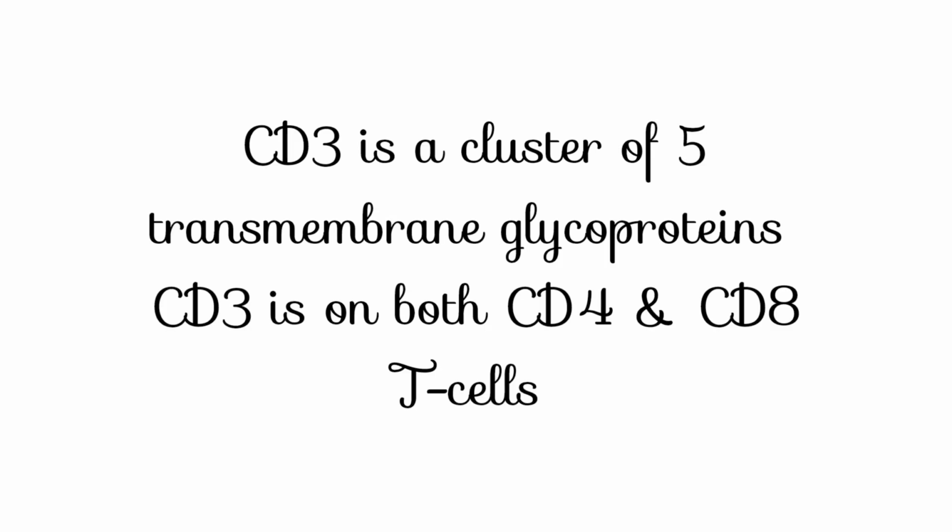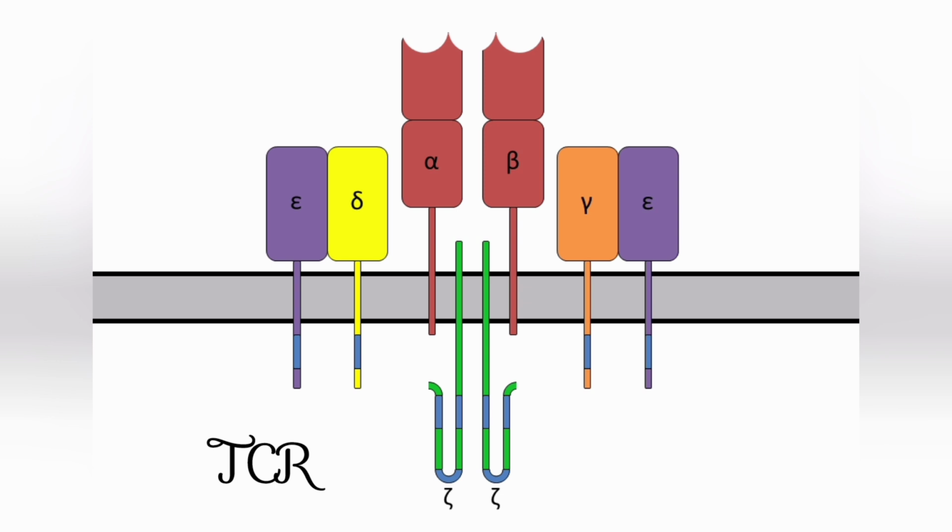The CD3 molecule is present on both CD4 and CD8 positive T cells. The CD4 glycoprotein is only present on the helper T cells, and the CD8 protein is only present on the cytotoxic T cells, but the CD3 protein is present on both the CD4 and CD8 cells, and this CD3 protein is made up of 5 transmembrane proteins, and these are also involved in the signal transduction.